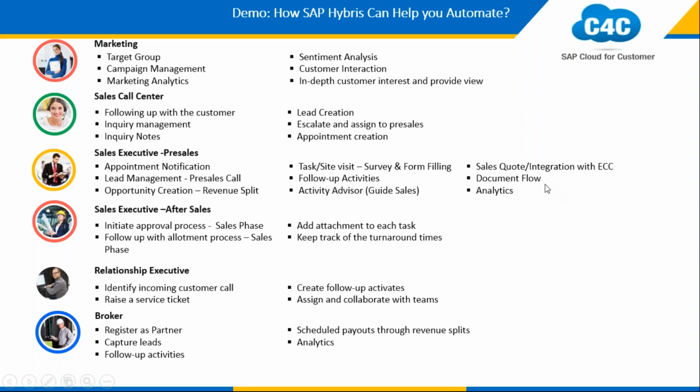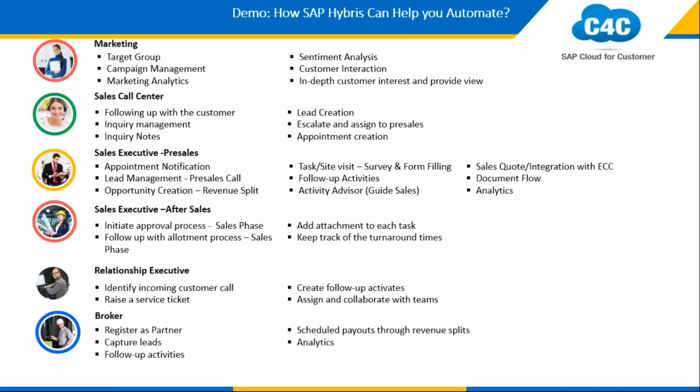Then there is a similar process like sales quote and integration with ECC. There's a document flow feature, and there's an analytics feature. And then there's an after sales feature. We have an initiate approval process. We have a sales phase, follow-ups, attachment, task attachment. You can keep track of turnaround times.